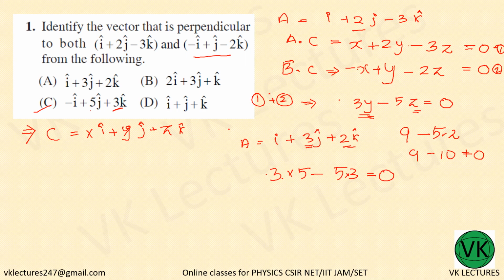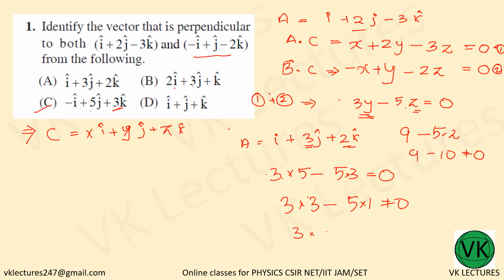And you can also check here, 2 times, here you have 3y minus 5z. Here 3y, y is 3, right? So 3 times y is 3 into 3 minus 5 into 1, which is not equal to 0.